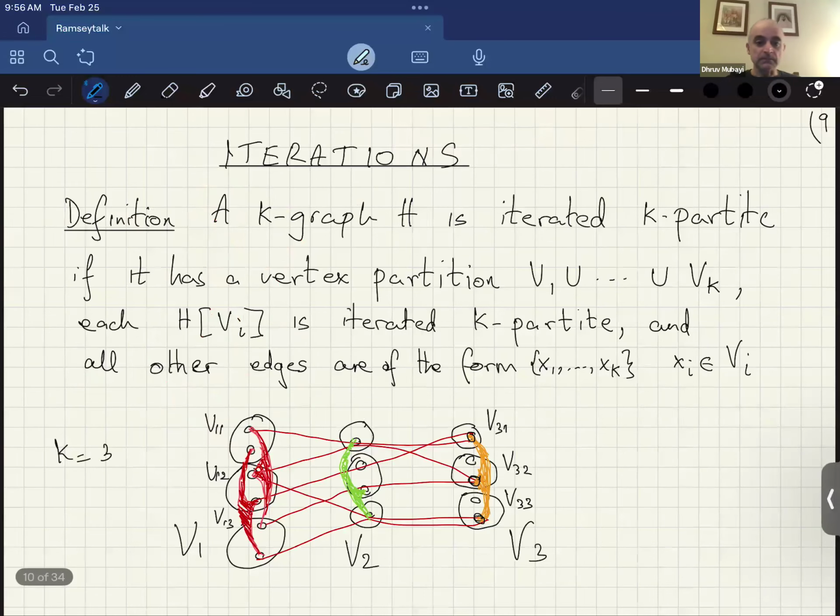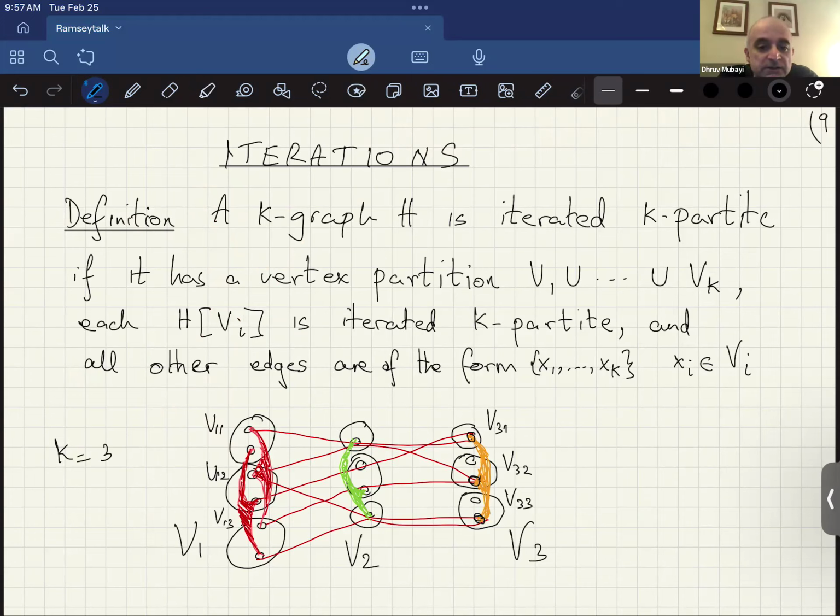So I have to now start talking about some more complicated things. The one crucial point is about iterations, or these fractal-like structures. So we say that a k-graph, or a 3-graph, is iterated k-partite if it's sort of k-partite, but has more than just k-partite in terms of the edges.